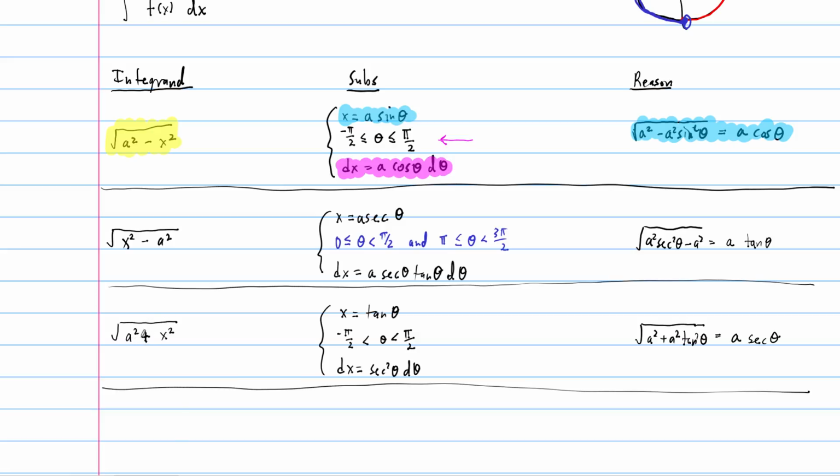So whenever you see the plus sign, you think plus tangent, okay, so you make your substitution be x equals tangent theta. I made a mistake here, right? We have an a here, we have an a here, so this should have been a tangent theta, and then a secant squared theta. That's the constant a from the integrand, right?